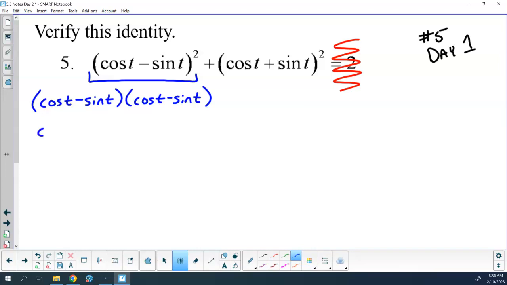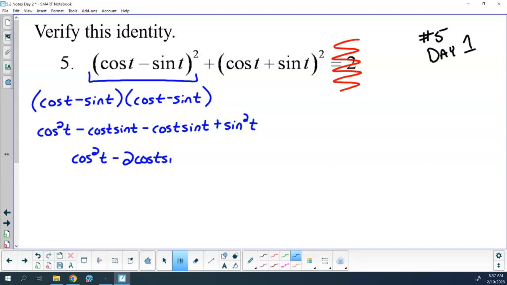So that's going to become cosine squared of t minus cosine of t sine of t minus cosine of t sine of t plus sine squared of t, which is also cosine squared of t minus 2 cosine sine plus sine squared.